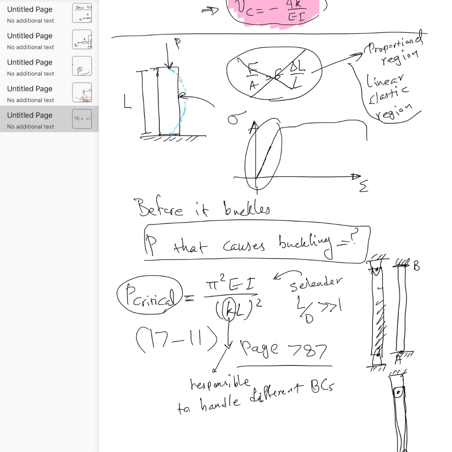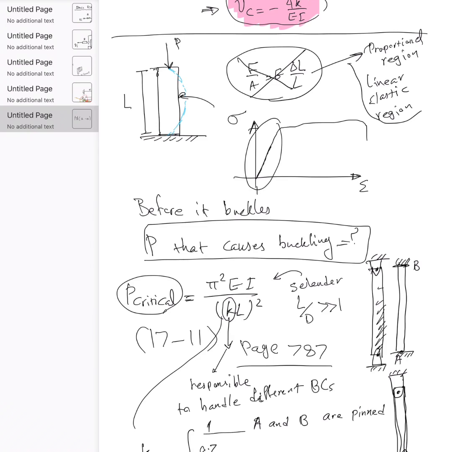But if it's supported by fixed or pin-fixed, then your K in this equation is either 1, 0.7, or 0.5, three different values. It is 1 if both points A and B are pinned.